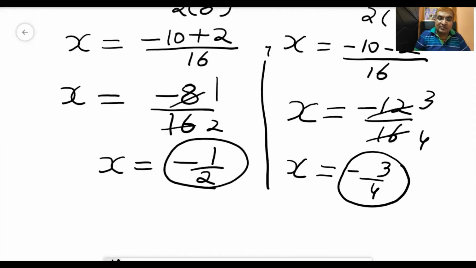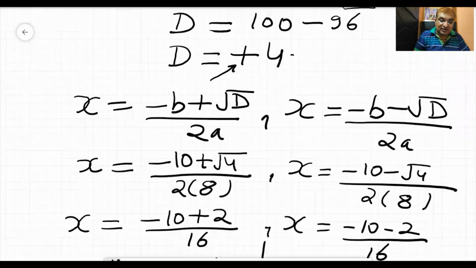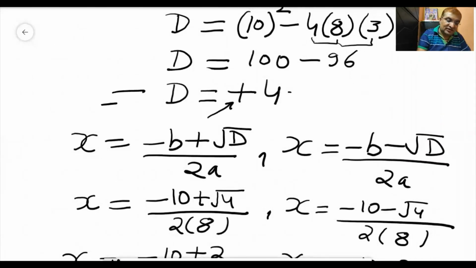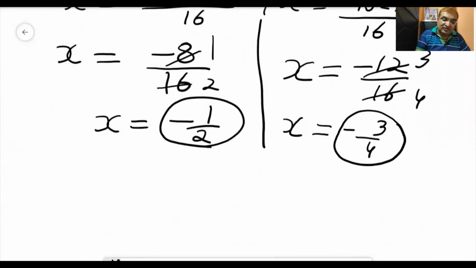Now the important part about the nature of roots. Please observe the calculation we did earlier was d. As d was positive, what we have found is there are two values, and these two roots are entirely different.